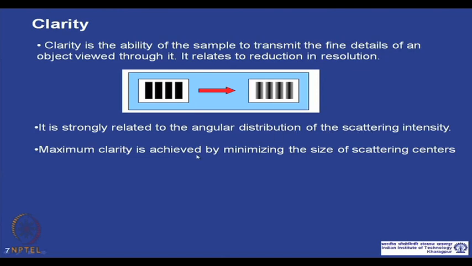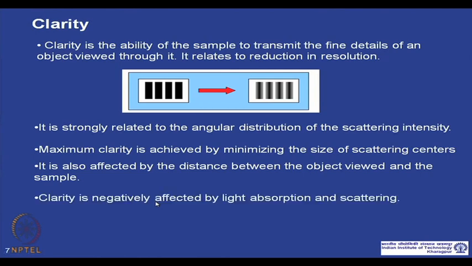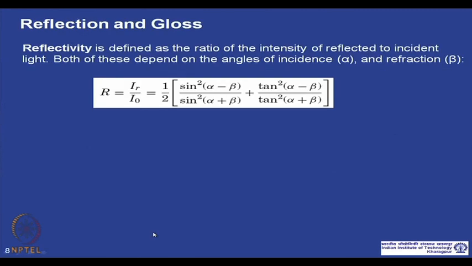So, it is always preferable to minimize the size of the scattering center to get the maximum value of clarity, and obviously it depends on the distance between the object viewed and the sample, and if there is light absorption and scattering, obviously clarity will be lost.